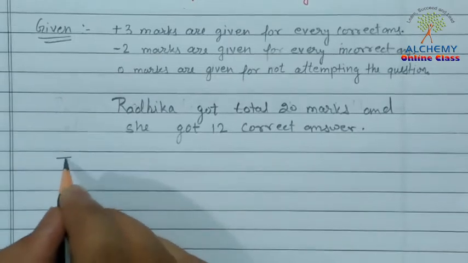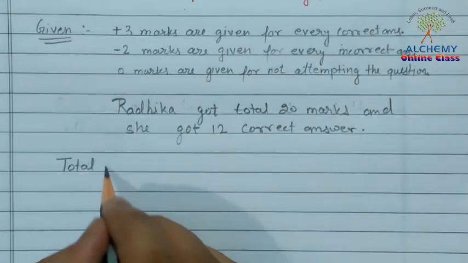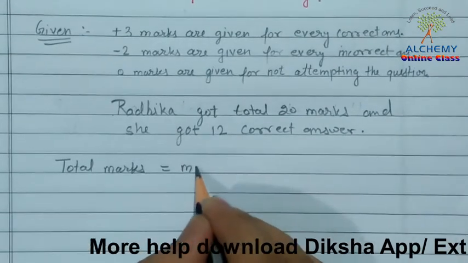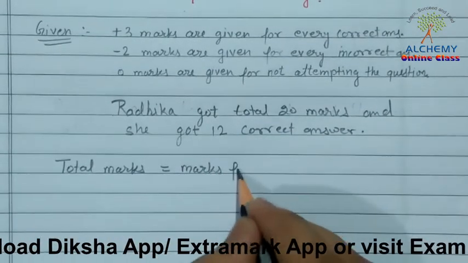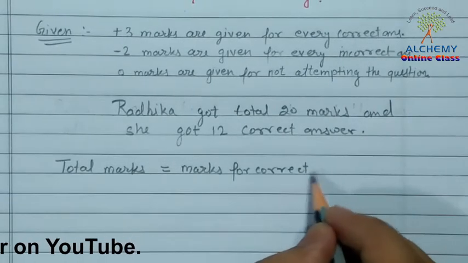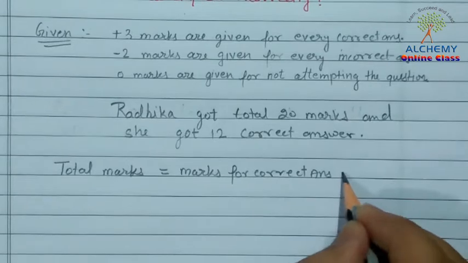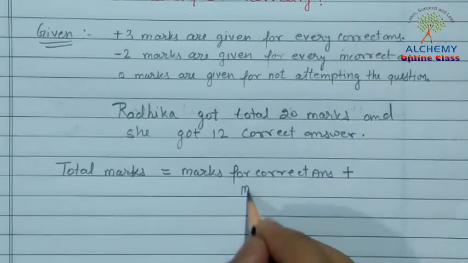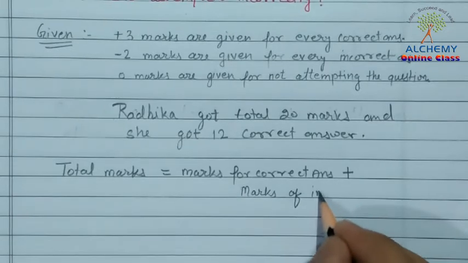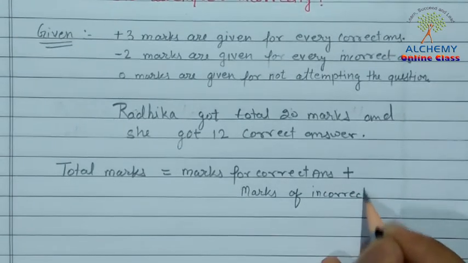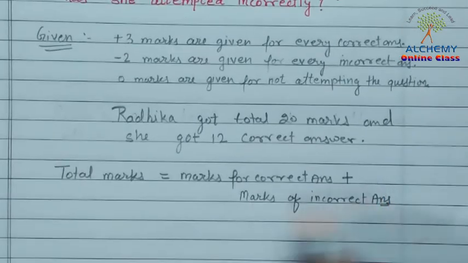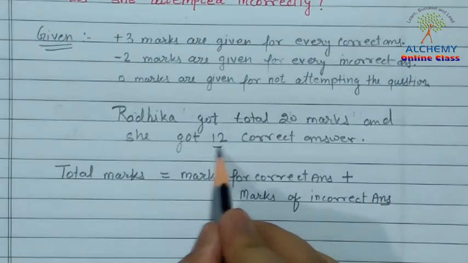So we can write here, total marks is equal to marks for correct answer plus marks for incorrect answer. Okay, we know that Radhika got 12 correct answers.